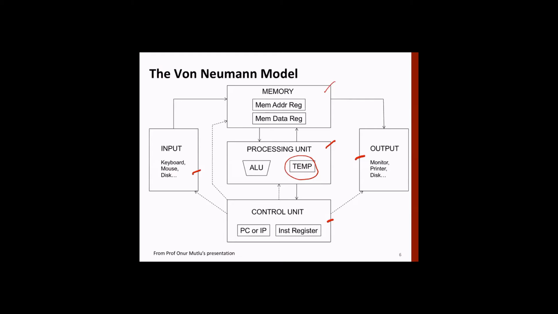So the control unit is responsible for executing the complete program, and it has a number of registers, right? And a state machine. So we'll look at these one by one. Any question up to this point?